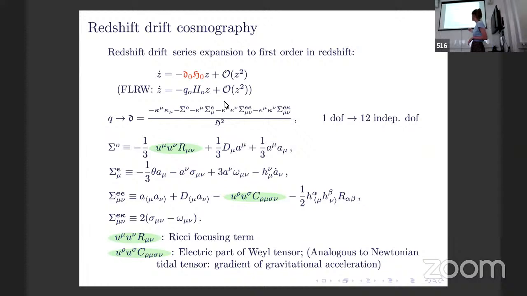Okay, and it turns out that these terms are, for instance, the dominant terms when you are considering certain LTB and Swiss cheese models.